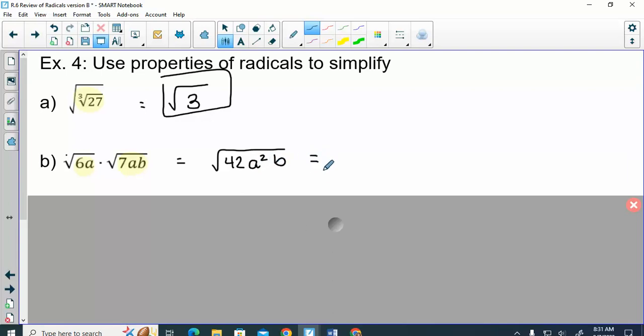Can we break down the square root of 42? No. If you have A squared, we can make 1 group of 2, so 1 A comes out.